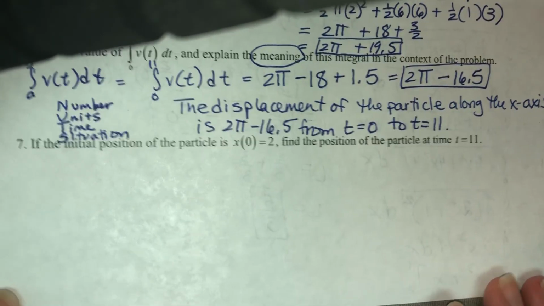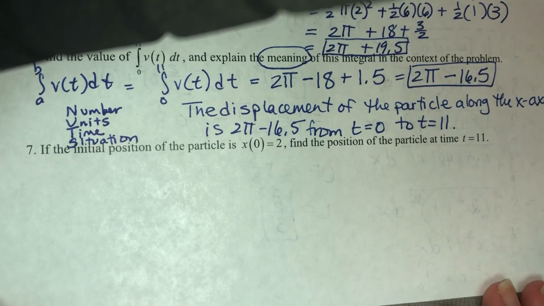All right, the last one says, if the initial position of the particle is x of 0 equals 2, find the position of the particle at the time t equals 11. So this is another new note card that we have that's called the new position.